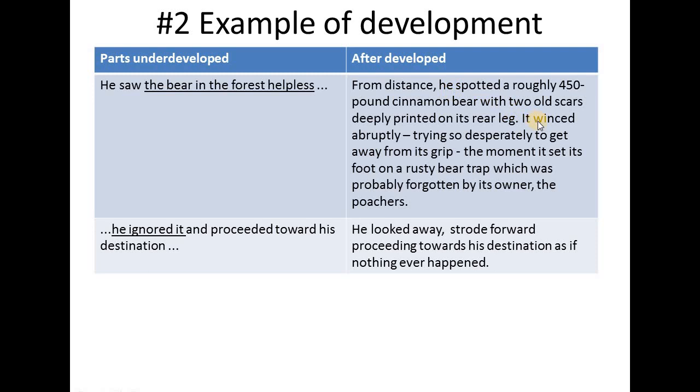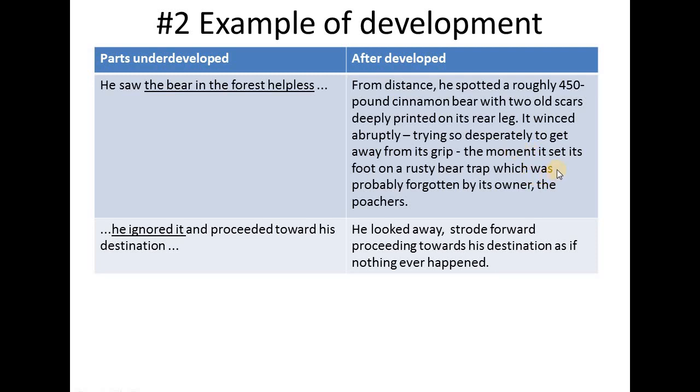From distance, he spotted a roughly 450-pound cinnamon bear with two old scars deeply printed on its rear leg. It winced abruptly, trying so desperately to get away from its grip.